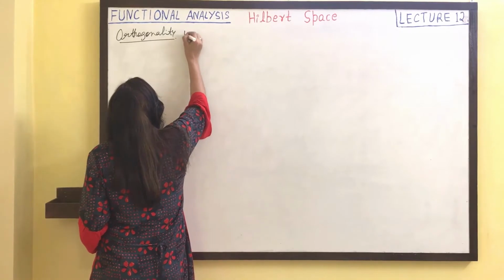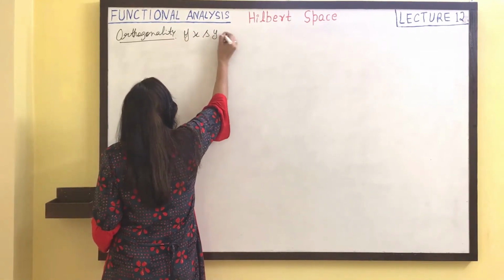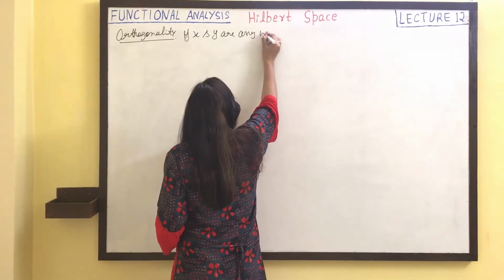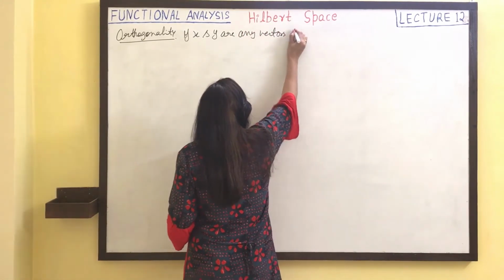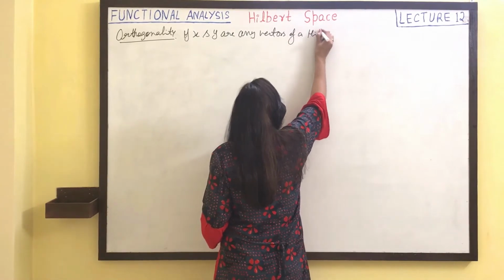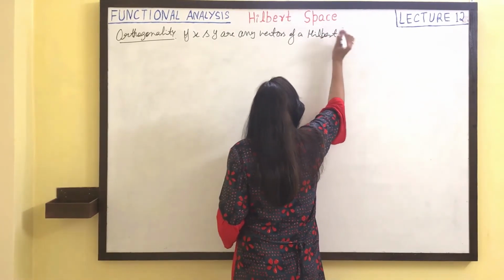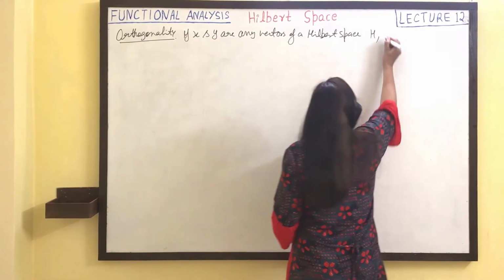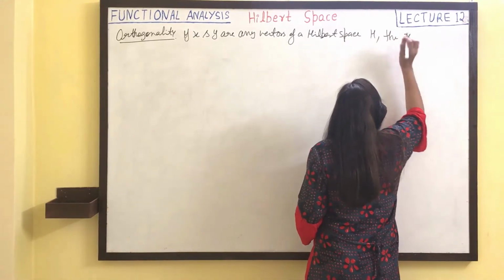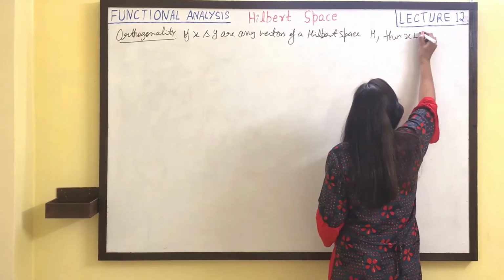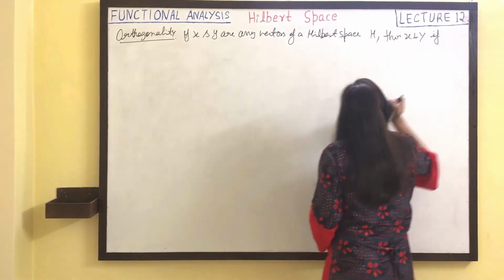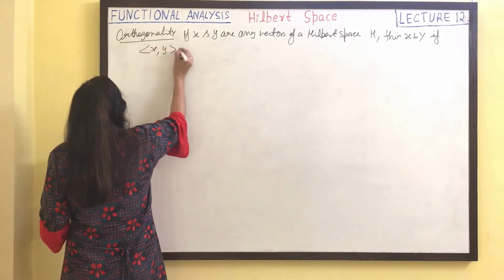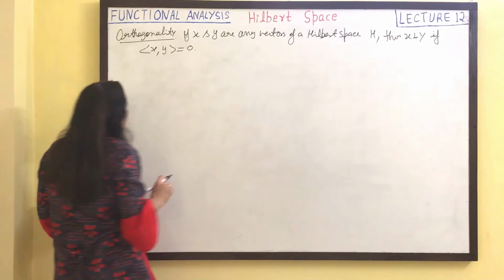We know that if x and y are any two vectors of a Hilbert space H, then x is perpendicular to y if inner product of x comma y is equal to 0.